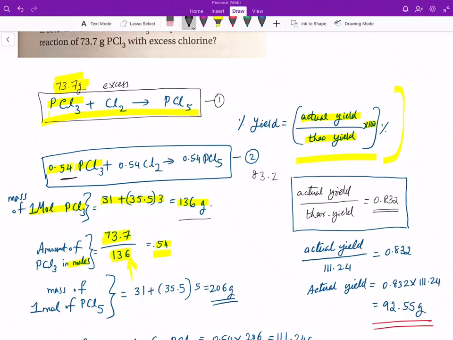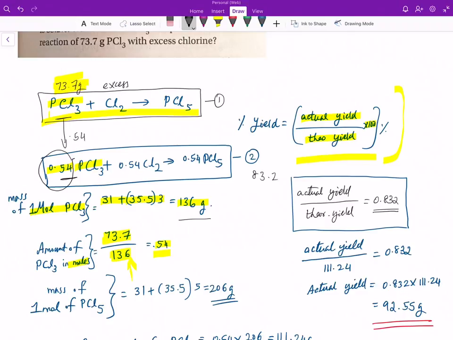So basically, bottom line is that the amount of PCl3 available in terms of grams is equal to 0.54 moles. Okay, so basically if you write an equation that contains the amount of moles, then you would multiply this PCl3 with 0.54, right?